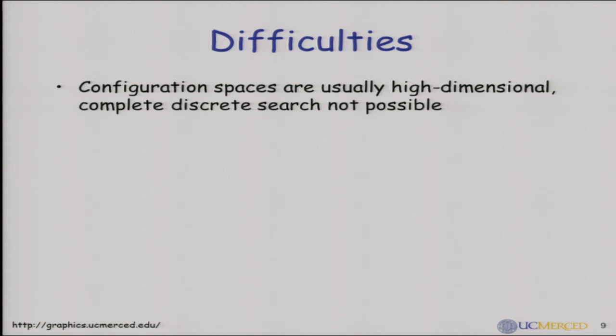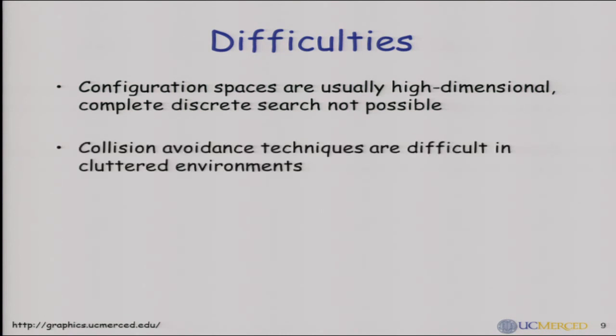Now, there are difficulties in this kind of method, of course, and in the motion planning problem in general. These configuration spaces very easily get really high dimensional, and it's just not possible to do a complete discrete search in this space. We can sometimes apply collision avoidance methods without running complete or more extensive planning and search methods.